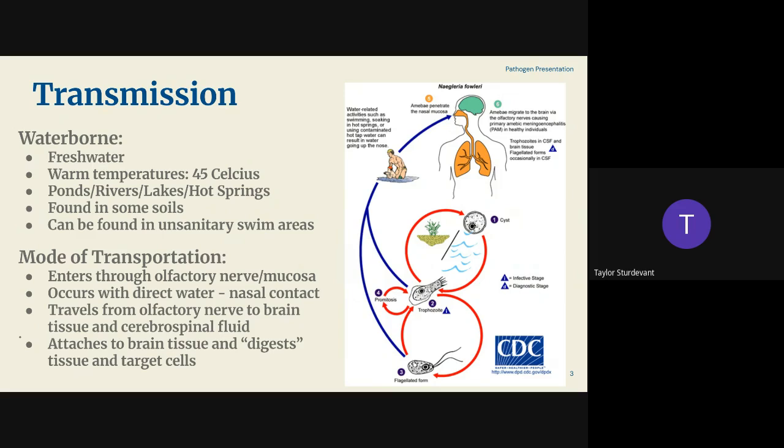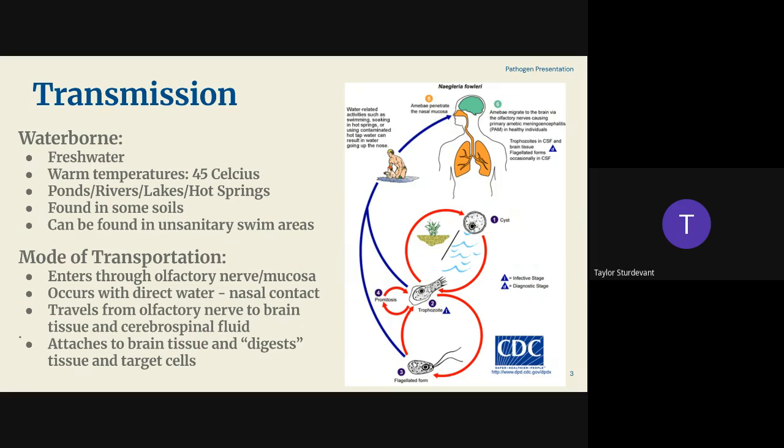Mode of transportation, it enters through the olfactory nerve in the mucosa. So individuals who are swimming in ponds or hot springs that are getting direct water contact up their nose, the protozoa is able to enter through the olfactory nerve, which is really just direct nasal contact.